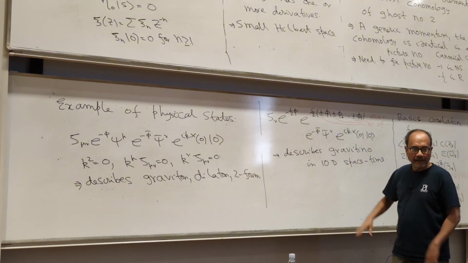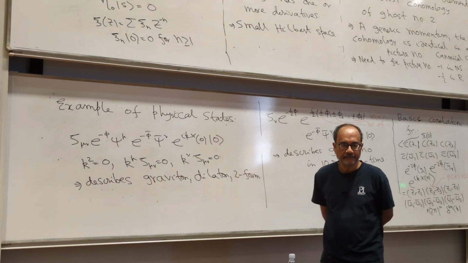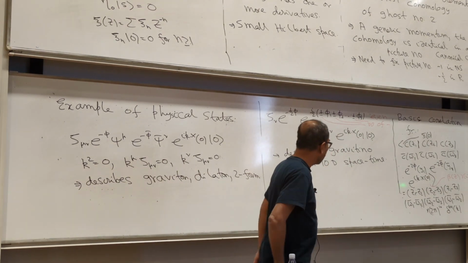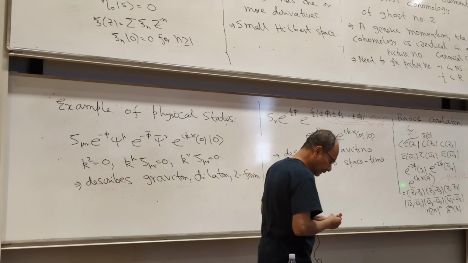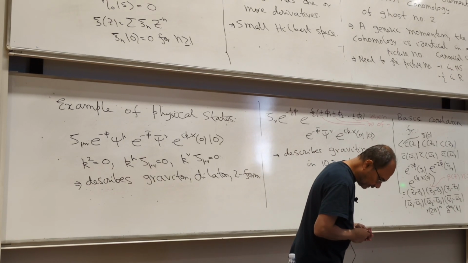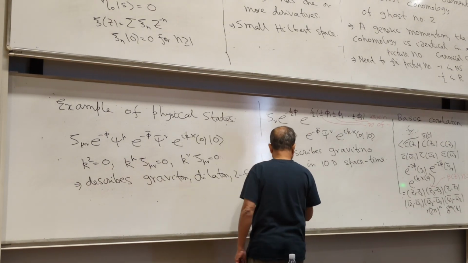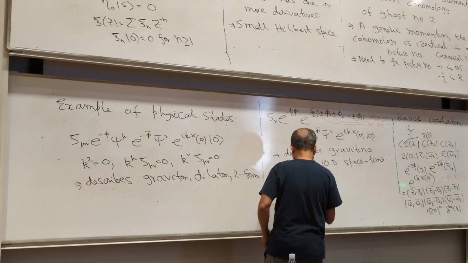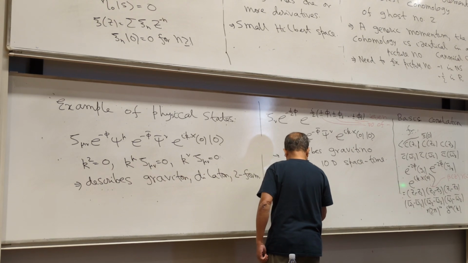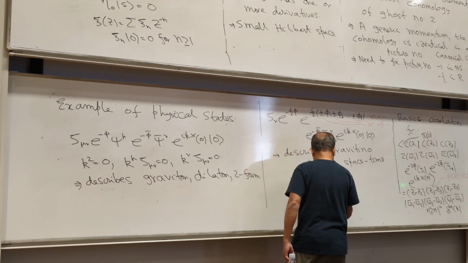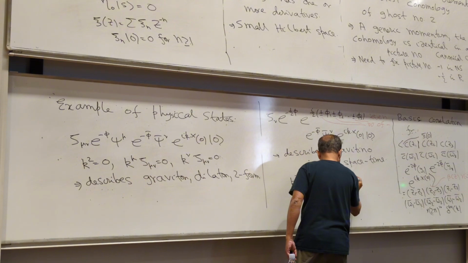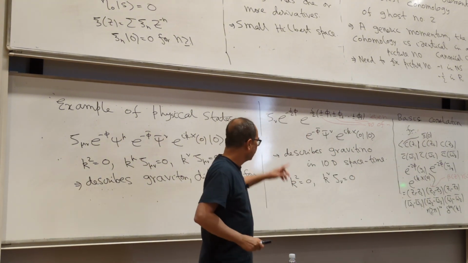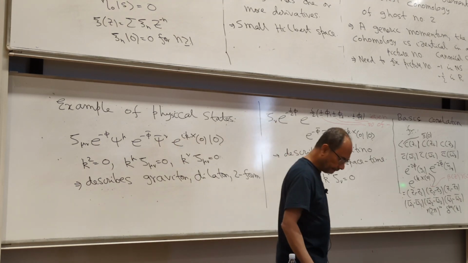And this way you can just combine states. Sorry, k squared equal to 0, and I think k nu zeta nu equal to 0. So the physical gravitino states will have this structure.